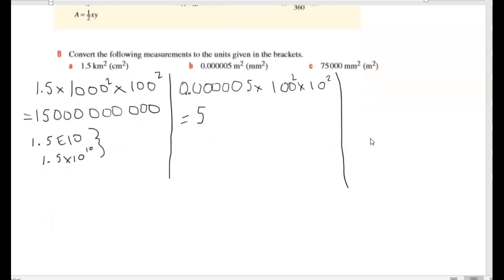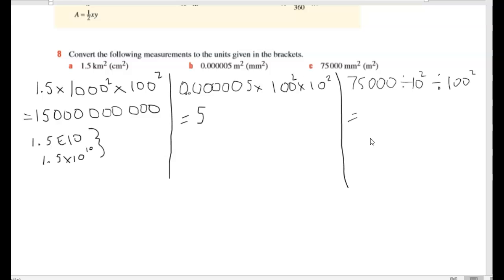Okay, so let's just get that back up. Dividing, first of all, by 10 squared, and then dividing by 100 squared. So I'm going to do that on my calculator again. Whoops, I accidentally pressed multiply.